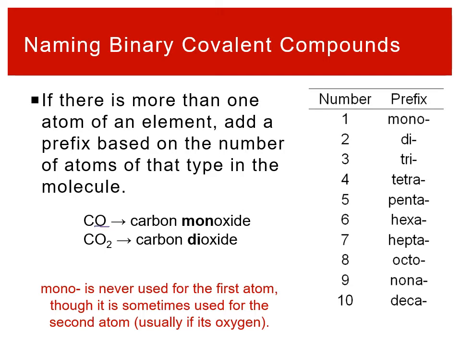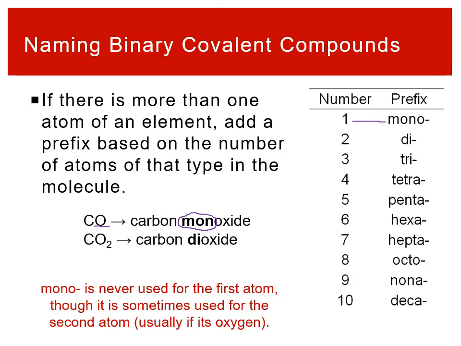So in CO, the C is carbon, but we don't call it monocarbon because it's first. It's carbon, and then the O is oxygen, and that does get the mono. Really, the only time you ever use mono as a prefix is with oxygen, because it's carbon monoxide. We would never use it in the front though.